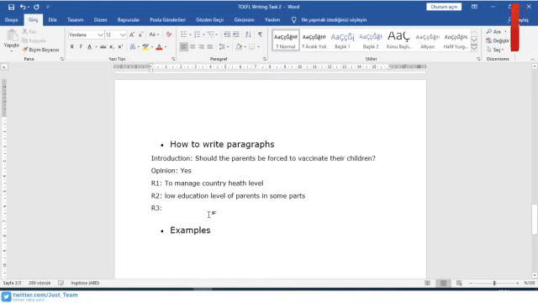Why parents should be forced to vaccinate their children? Because in this way, government maybe can not increase their economy, but let me write it in good words for you.